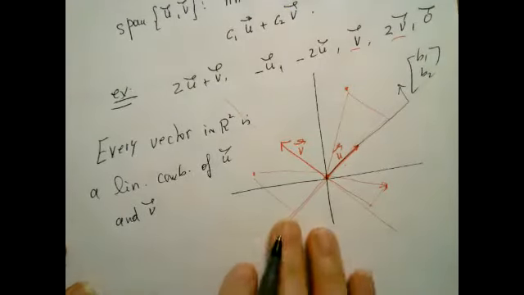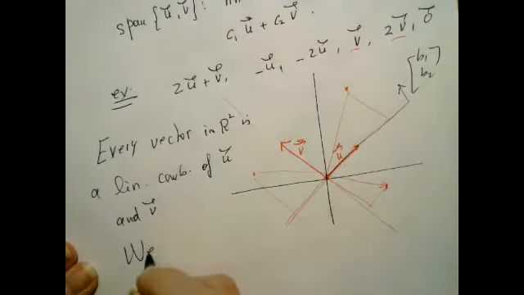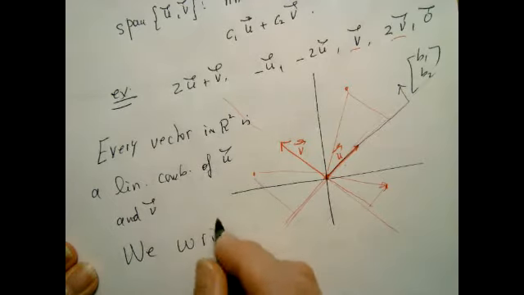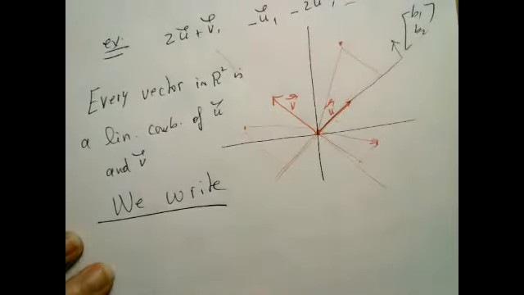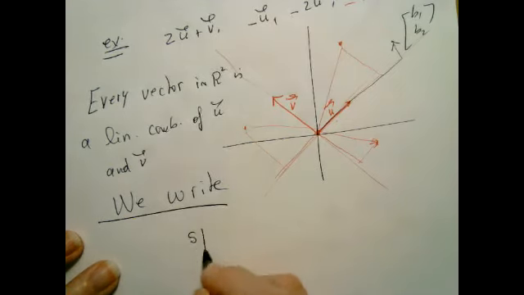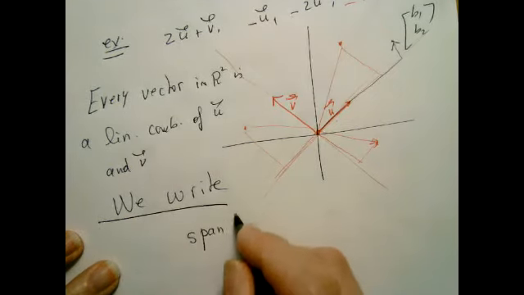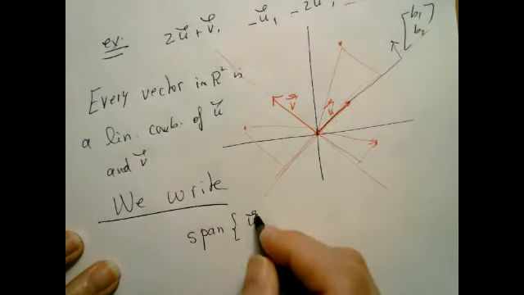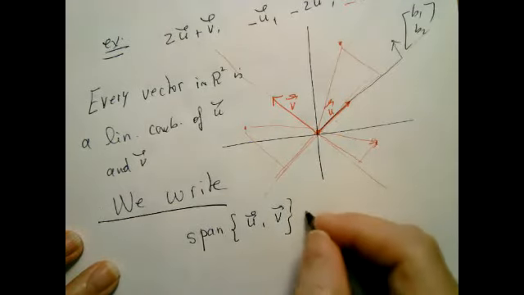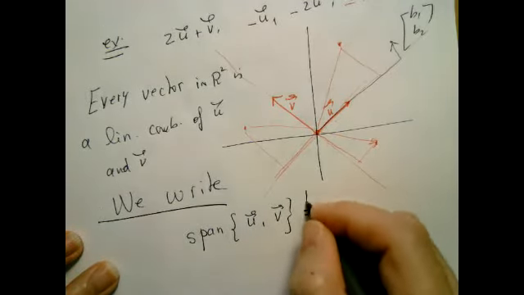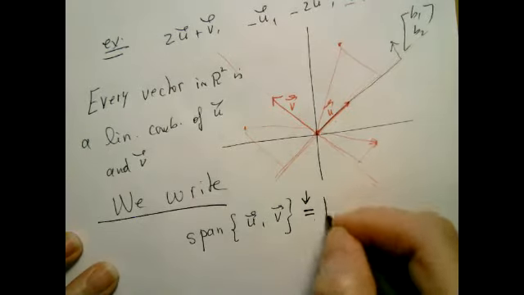How do we express this mathematically? We write the following. And this way of writing, I wanted to make clear. We write that the span of U, V in this particular scenario is equal, watch the word equal, R2.